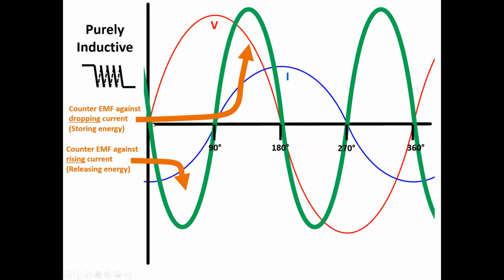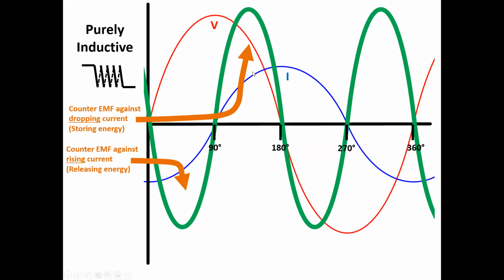Below the horizontal axis of this graph, the green line means that the inductor is releasing energy into the AC circuit. It's releasing energy through that counter EMF. As the current value is dropping, it is increasing its counter EMF and releasing energy into the circuit.